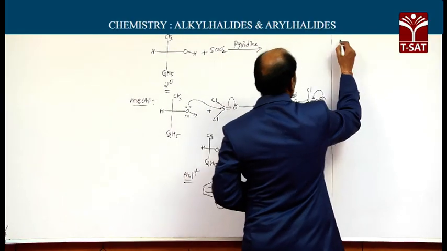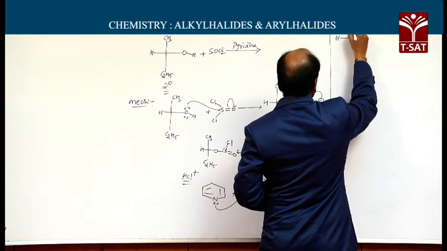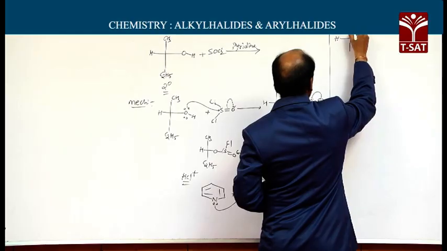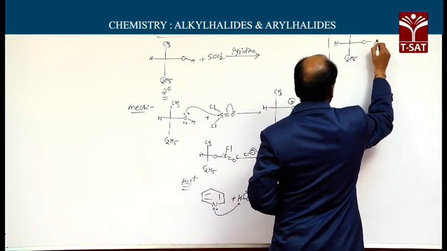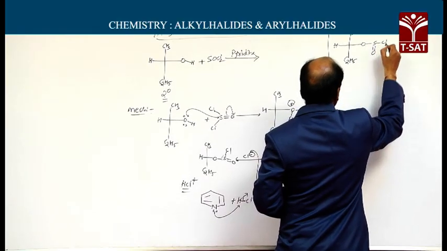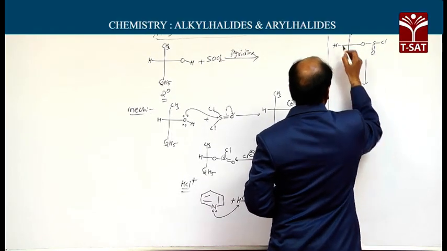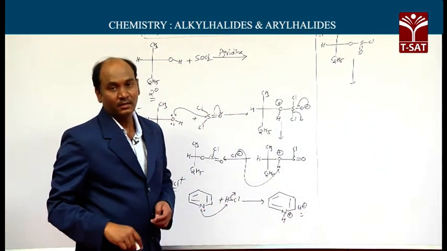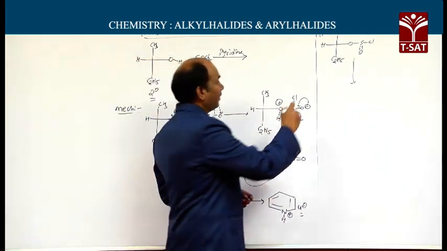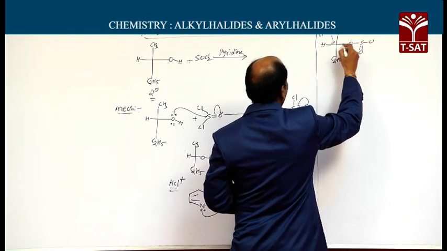So what happens? Here this is H, here it is CH3, this is C2H5, and here it is O–S double bond O, Cl. Now the Cl−: this Cl− is attacking from the back side of the leaving group. This is the leaving group.